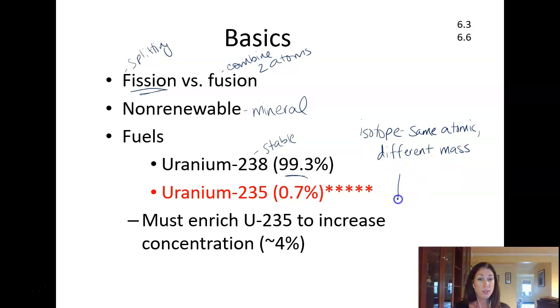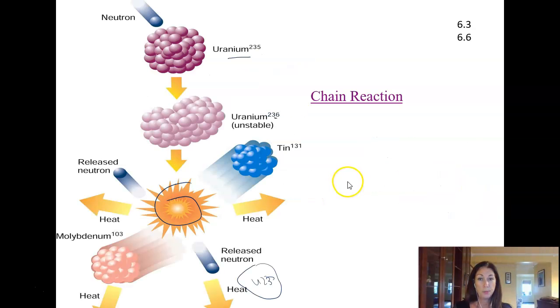If you were to have a sample of uranium, most of it is going to be the stable 238, but you might have a little bit of the 235 in there. In order to make a fissionable fuel source, we will concentrate the uranium-235 to make it about 4%. So about 4% of that sample would be the fissionable U-235, and that's the sample that we would use for fission.